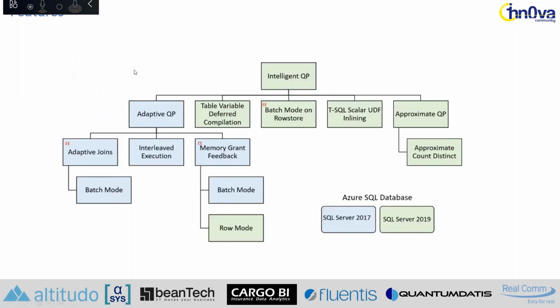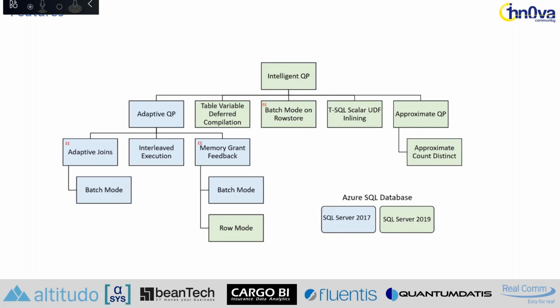So this is the map of intelligent query processing features, which, as I said, include adaptive query processing from SQL 2017 and 4 additional features from SQL 2019. 3 of them are Enterprise Edition features only, and those are adaptive joins in batch mode, memory grant feedback, and batch mode on rowstore.